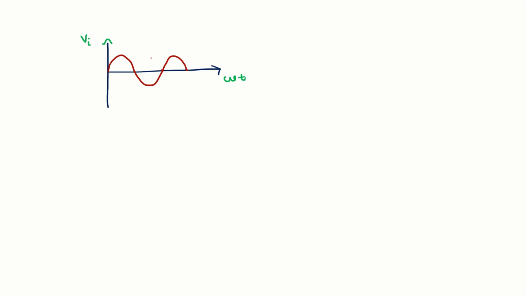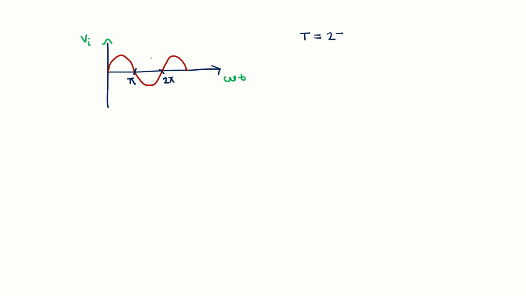It has two half cycles: one is the positive half cycle and one is the negative half cycle. This one is pi and this is 2 pi. The fundamental time period is 2 pi.